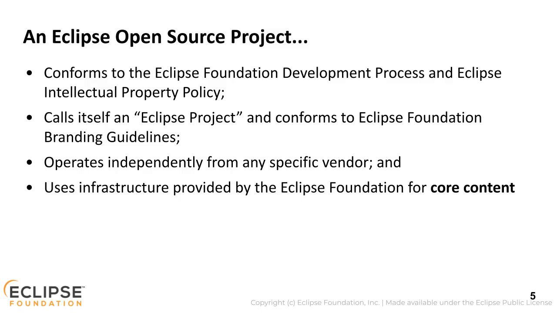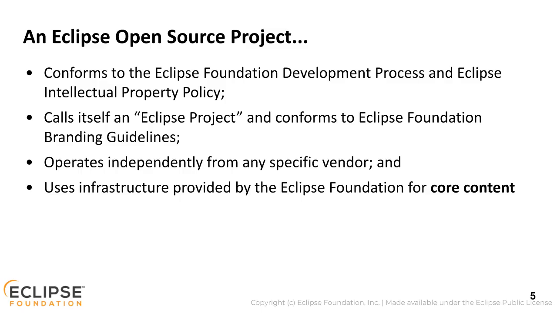An Eclipse project operates in a vendor-neutral manner, implementing the open source rules of engagement as described in the Eclipse Foundation development process. That is, an Eclipse open source project operates in an open, transparent, and meritocratic manner. Finally, an Eclipse project uses infrastructure provided and managed by the Eclipse Foundation for all its core content.